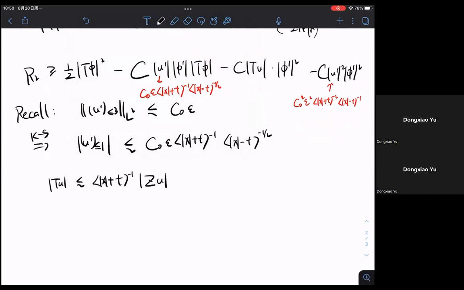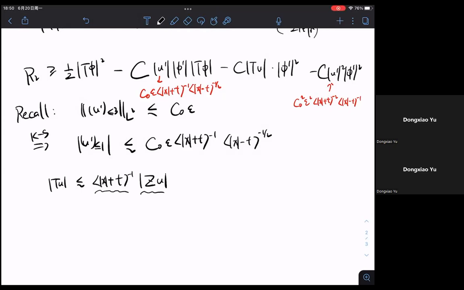So we have this bound here. This bound is good because you have this factor X plus T inverse. And the question now is how we estimate the second thing, that is the commuting vector field applied to U.